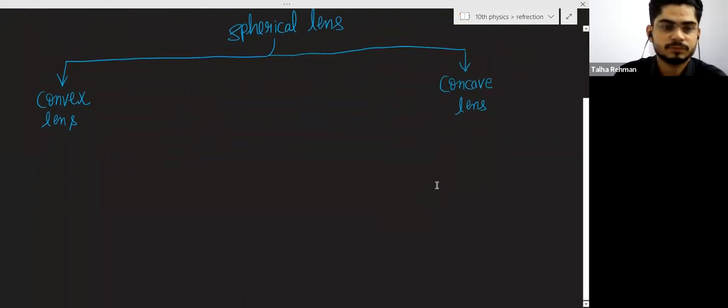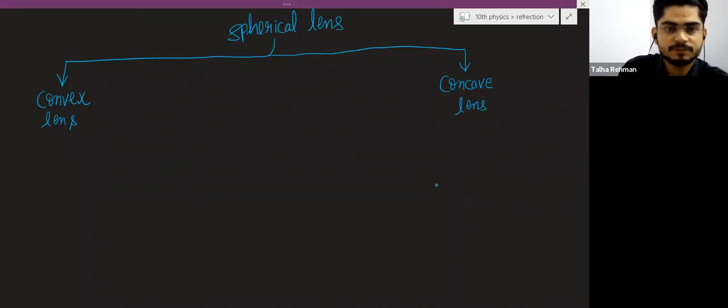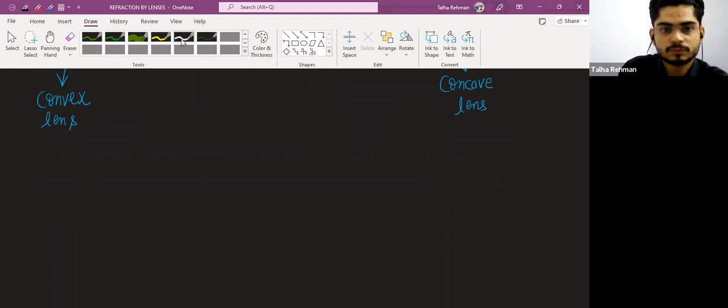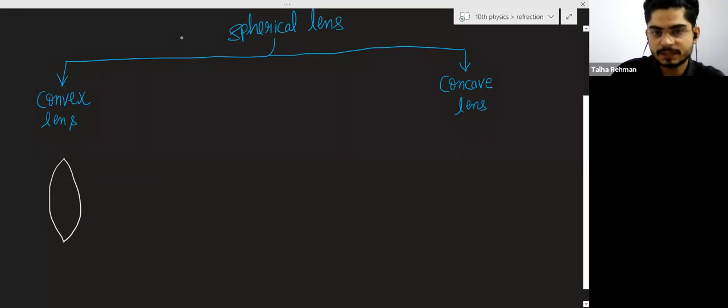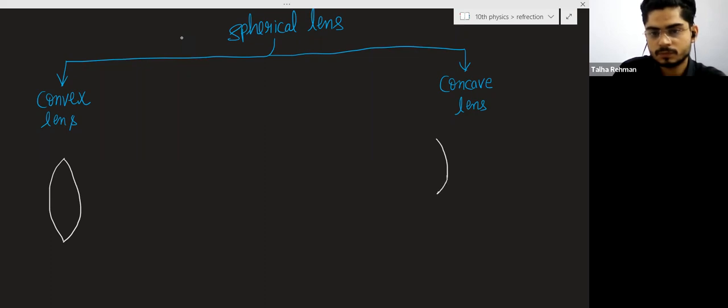Convex lens is like this. And concave lens is like this.